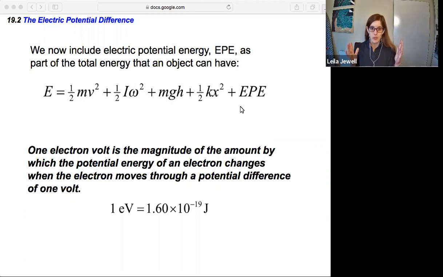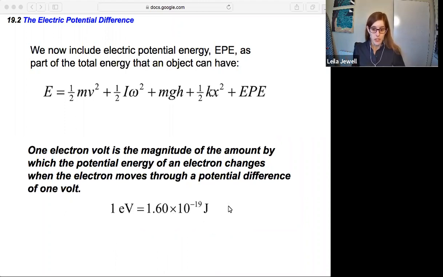So that's the formal definition, and the symbol for it is 1 eV. That comes from the charge of the electron times the potential difference of 1 volt. And sure enough, it's equal to 1.6 times 10 to the negative 19 joules. So this is a conversion factor if you want to go back and forth between electron volts and joules.